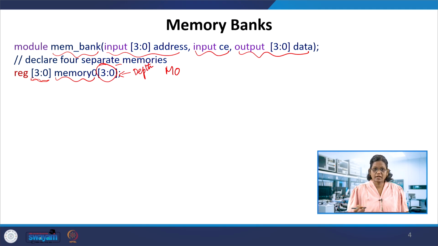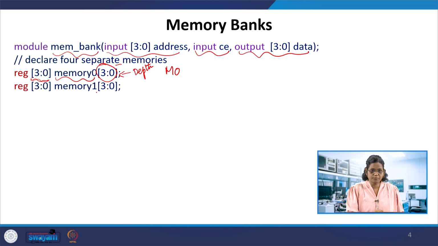So it contains memory 0, memory 1, memory 2, memory 3, that is the index. This is the way to define 2-dimensional vectors here. Then memory 1, again, is going to be 4 bit. Data is 4 bit, but it can be anything, 0 to 7 or 0 to 15, depending on the data width. And this memory 1 has 0 to 3, again 4 locations.